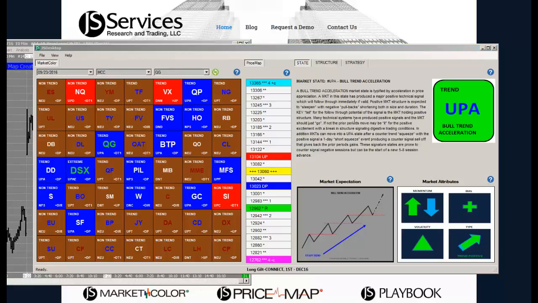Many technical signals have produced a positive signal, and the market should just go. If not, the prior period's move may be it for the excitement, with a break in structure signaling a digestive condition. So if this market can't continue to stay super aggressive, it's vulnerable to breaking back into more of a digestive trade.